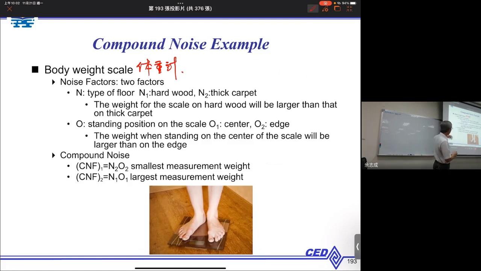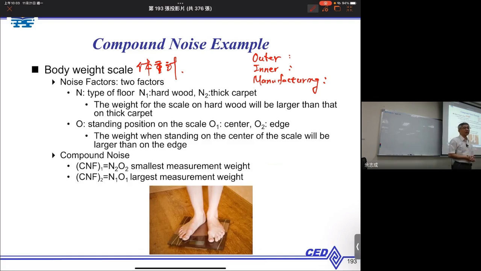What kind of noise factor is this case? We know we have 3 types of noise factor, right? We have outer, we have inner, and we have manufacturing. Which type of noise factor is carpet, hardwood?